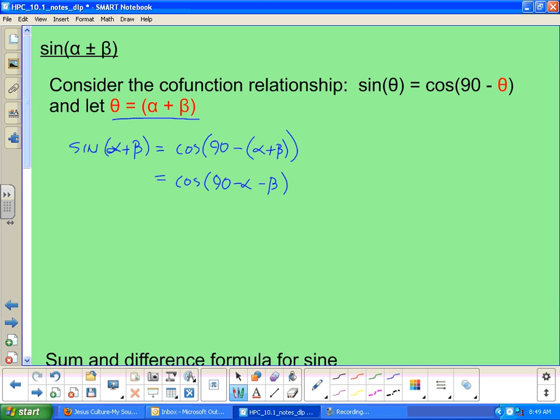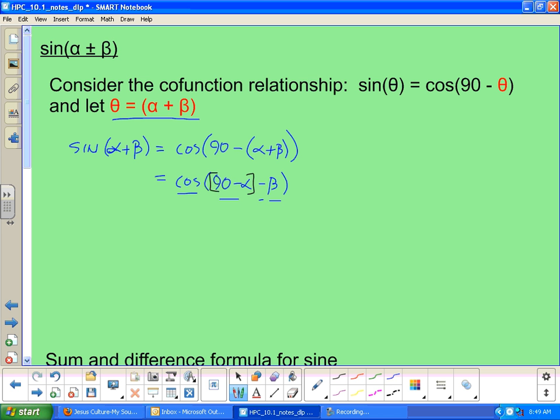Now here's where we're going to be a little creative and recognize that if I pair this 90 minus alpha together, we'll call that some angle.